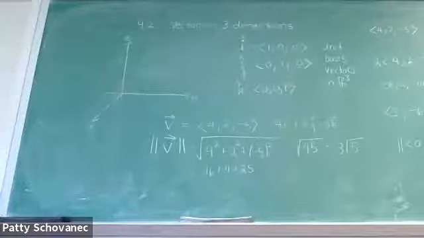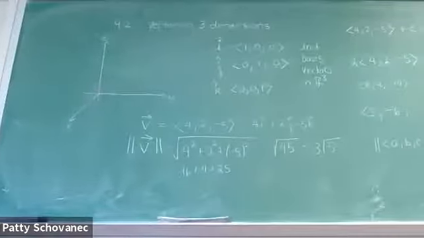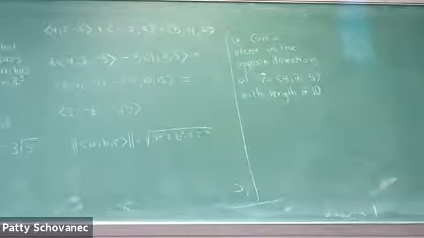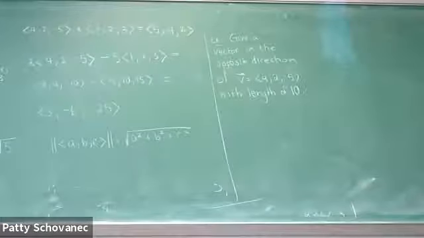Find me a vector whose length is 10, but has the opposite direction as the vector whose components are 4, 2, and negative 5.